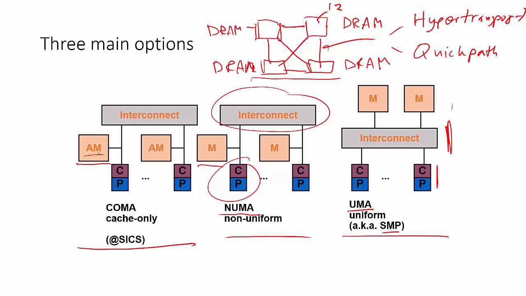The idea is that when a processor reads a value, you will attract it to the local attraction memory, and then you may have multiple copies of a cache line in several DRAM modules. There was a trial of making this a commercial processor in the 90s, I guess, but it failed for various reasons.